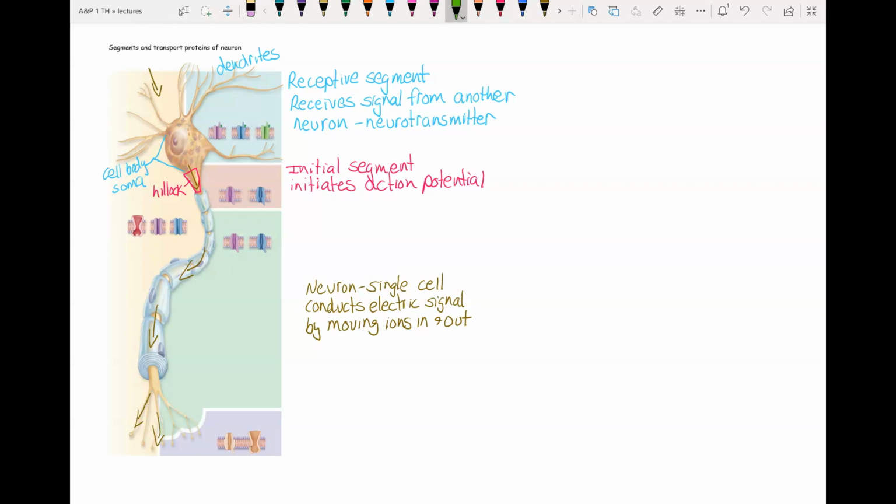The green area here represents the conductive segment. If the hillock does decide that it's going to repeat that information and send it on, the conductive segment is what conducts the action potential.